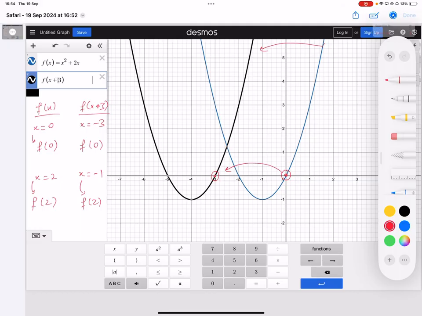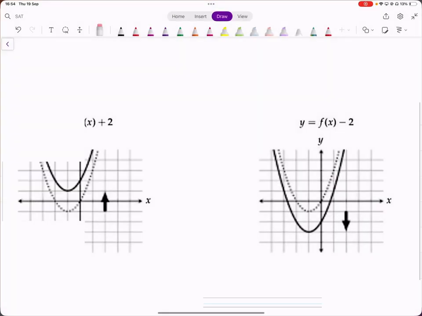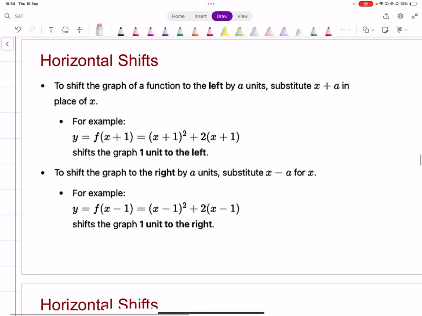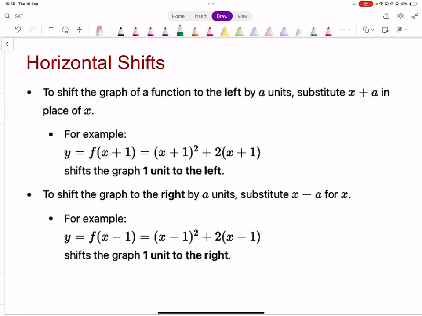Now that's the logic. Now you need to remember this rule in general for horizontal transformations. If you have f of x as the original function, which is x squared plus 2x, if you have f of x plus 1, what would that be?